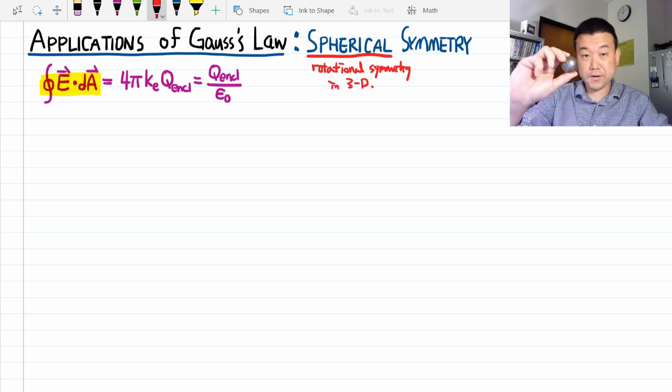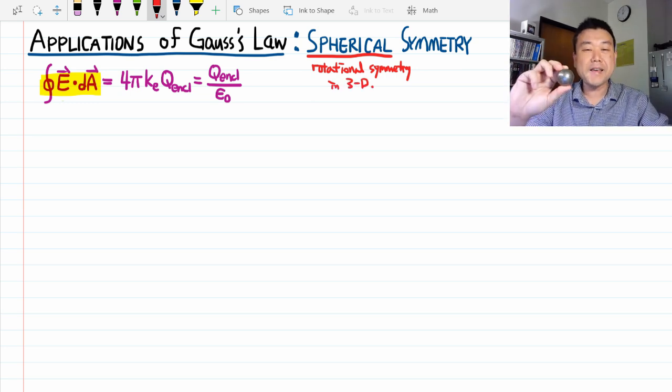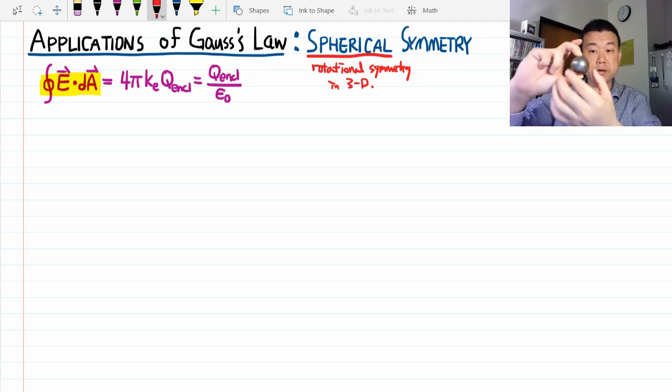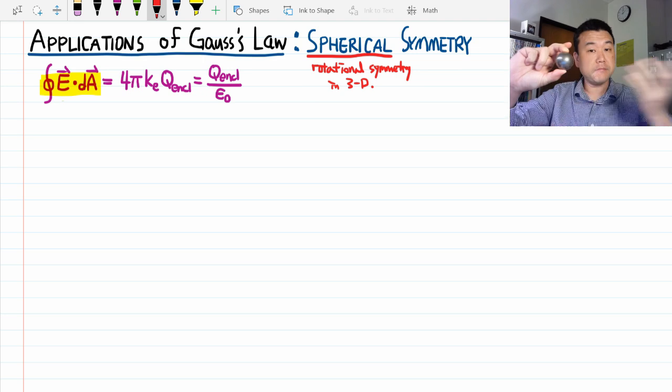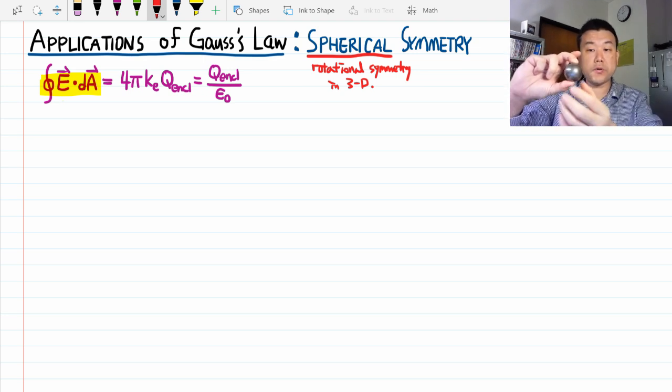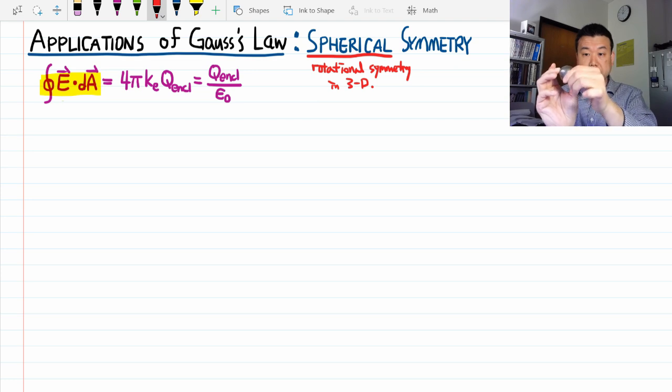So this is what a sphere looks like. You've seen it. And this is what we mean when we say it's rotationally symmetric. When we take a sphere and we rotate it, nothing changes. And you can do this for three different axes, which is what I mean by rotational symmetry in 3D.